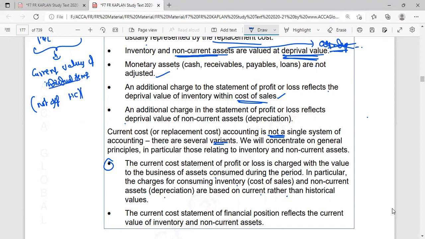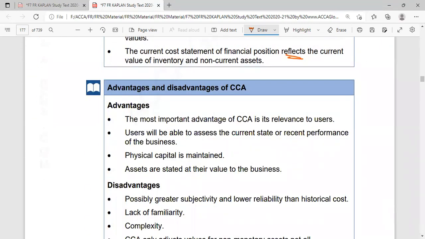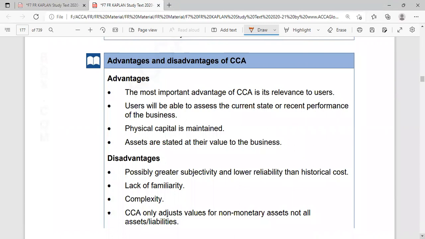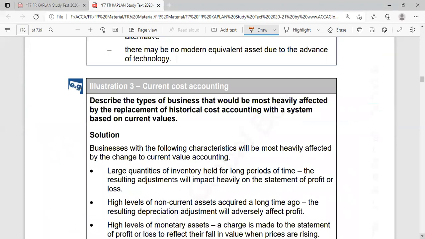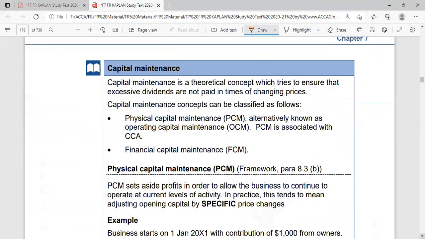So all individual items are represented at current value, which is replacement cost. The current cost statement of financial position reflects current value of inventory and non-current assets. So these are the advantages and disadvantages of current cost accounting. This is about the two alternative methods to historical cost accounting.